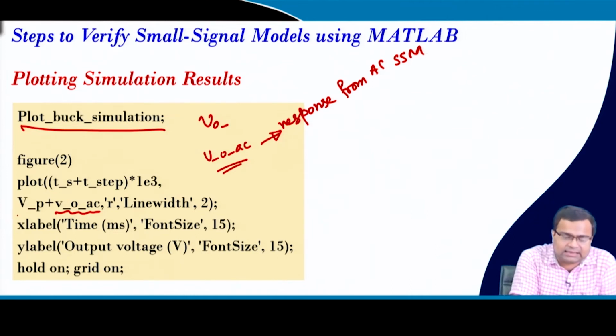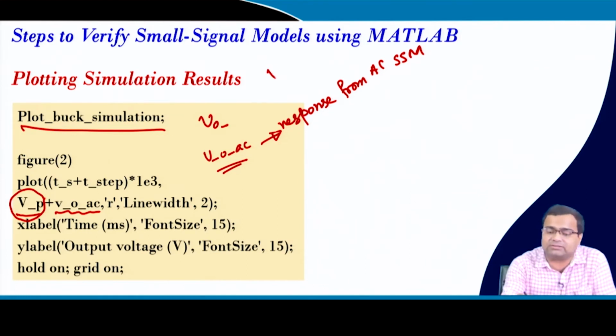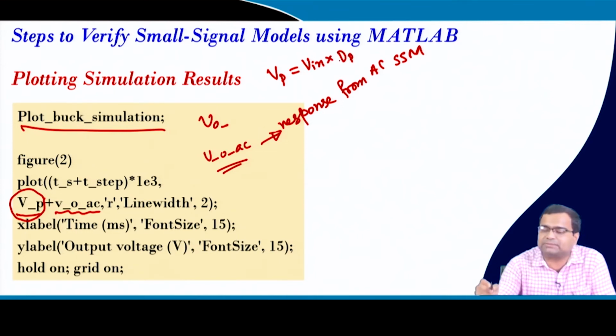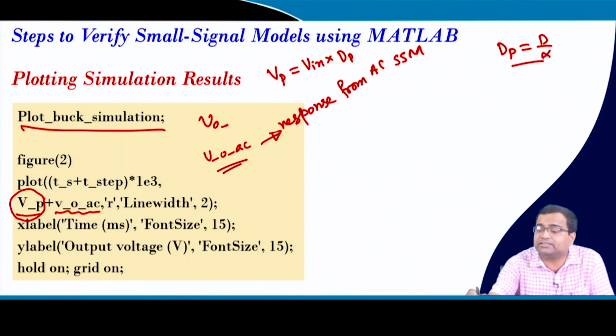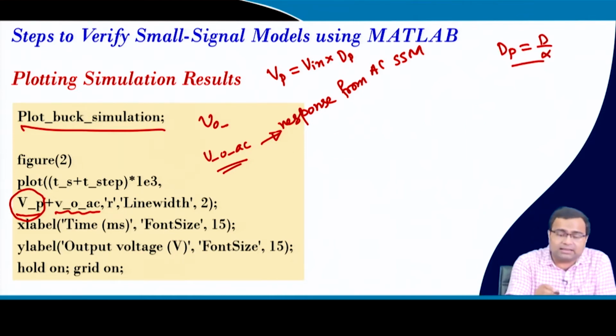And what is the DC? Because it is under open loop, the DC operating point before the step is applied will be Vp, which is a practical voltage. And what is Vp? It is V in into the practical duty ratio. And what is the practical duty ratio? This is nothing but d by alpha that we have discussed. Okay, add it.